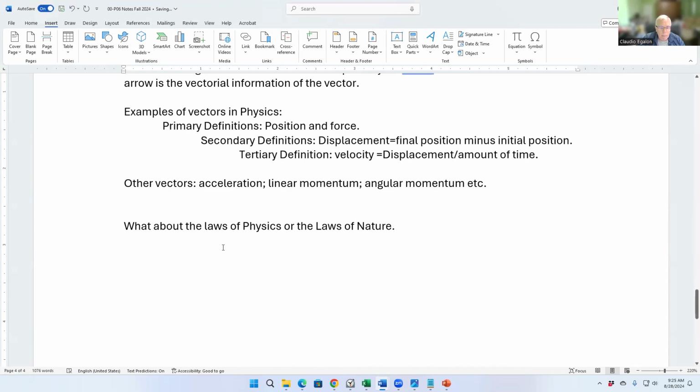There are synonyms for this. The laws of physics.